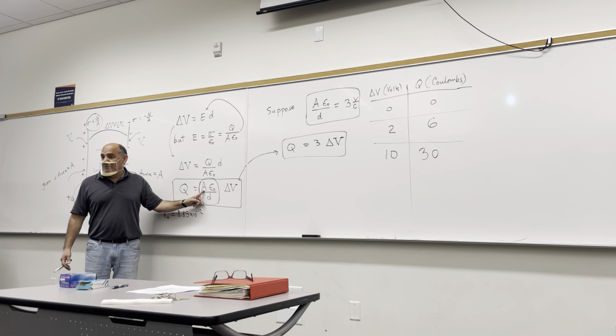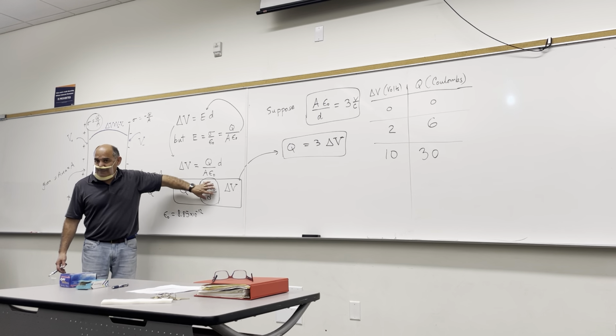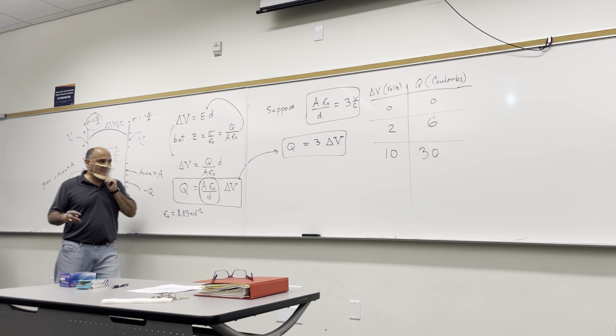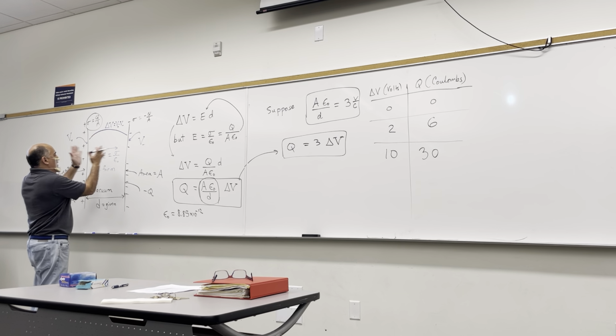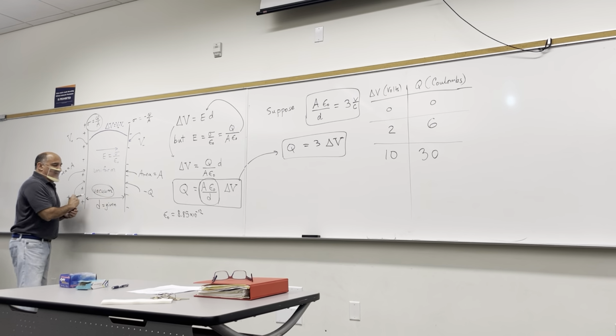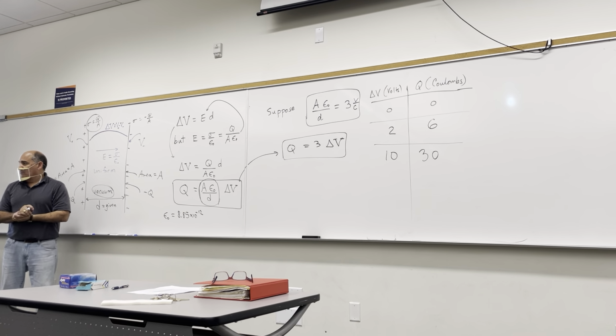I need to make the area of the plates bigger, or I need to change the separation between them, or I need to put a different insulating material between the two plates. If this is kept the same, that's determined by the geometry of this thing, by how big the areas are and by how far away they are, and also by the electrical properties of what separates those two conductors.